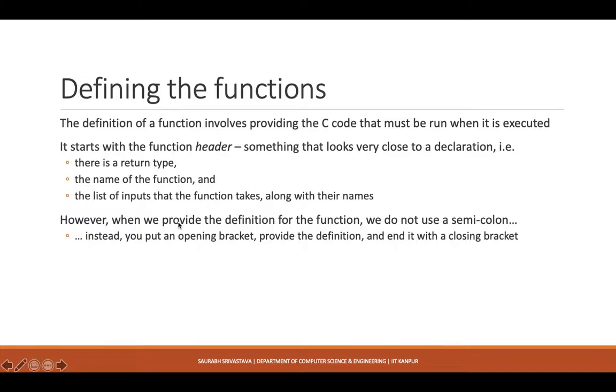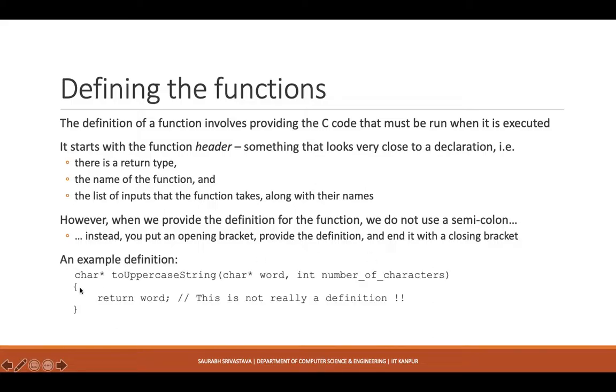The other thing that is different between a function header and a function's declaration is that we do not use a semicolon after the header. Instead, we start an opening bracket and then provide the definition, the set of statements that we want to execute, and then end it with a closing bracket.